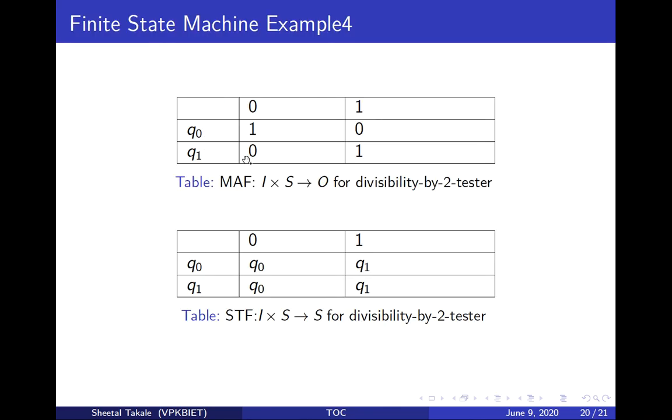Now suppose the first number is 1. When the number is 1, from Q0 it will go to the state Q1. In Q1, if it gets a 0, then the result is 0 and it is in the state Q0. So it becomes divisible. This is the divisibility by 2 tester.